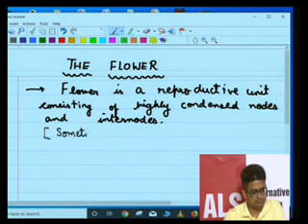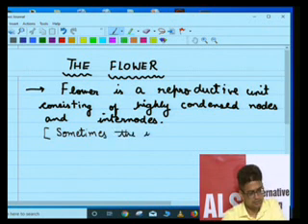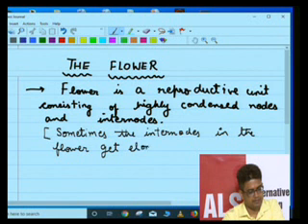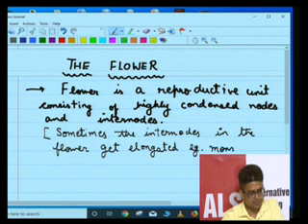Sometimes the internodes in the flower get elongated. Example, monstrous development in rose.